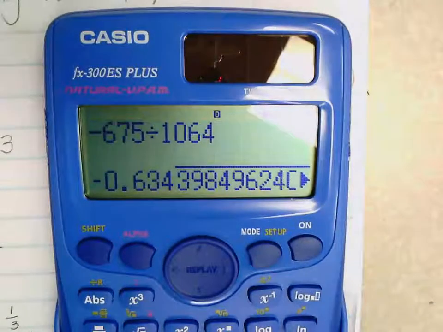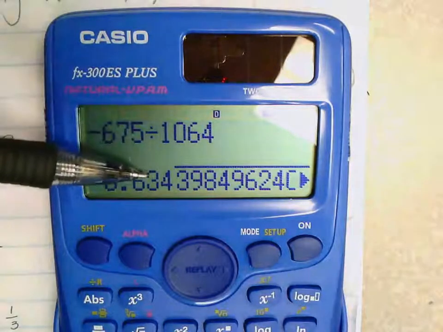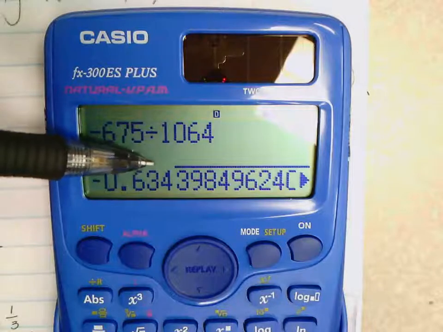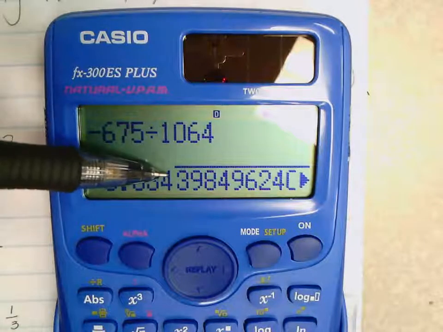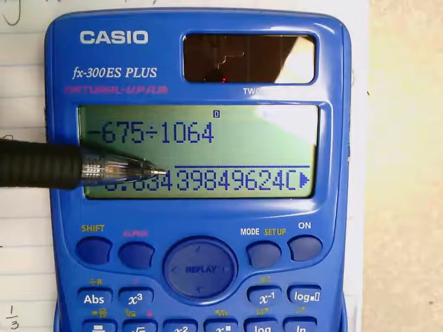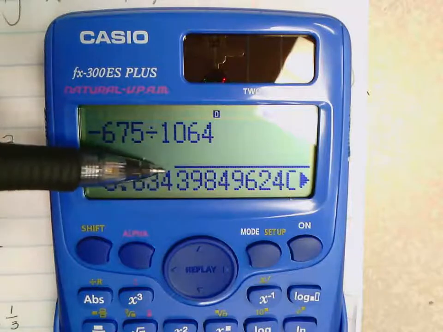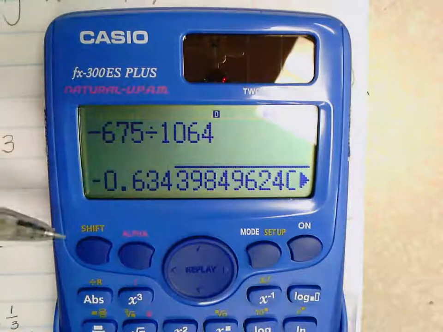And you remember in our answers, it asked us to round to the nearest hundredths place. That's 2 decimal places. So when I'm rounding to the nearest hundredths place, I look at the 3rd decimal place, and I use only that number to consider what I should do with the digit in my hundredths place.